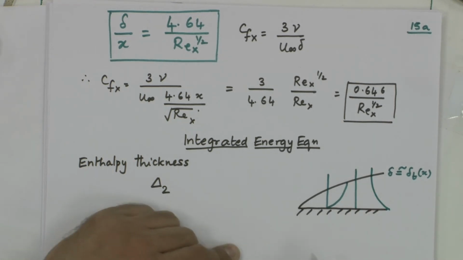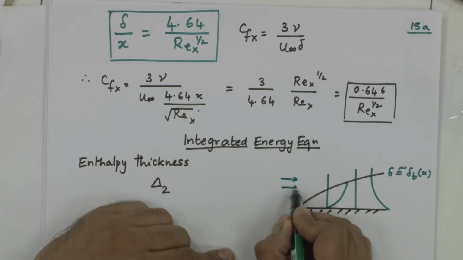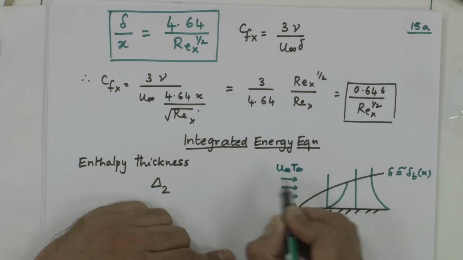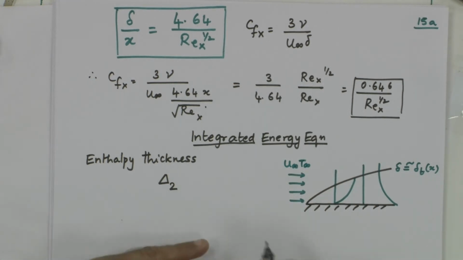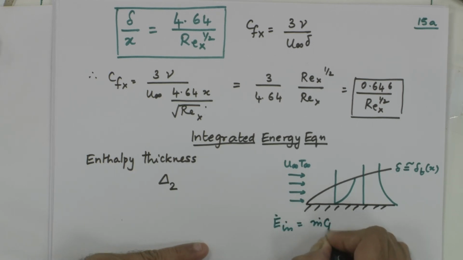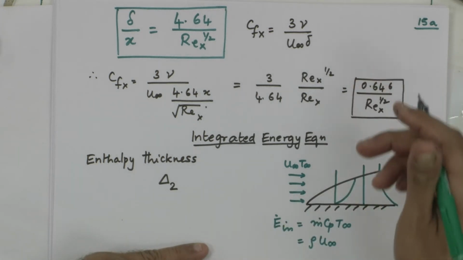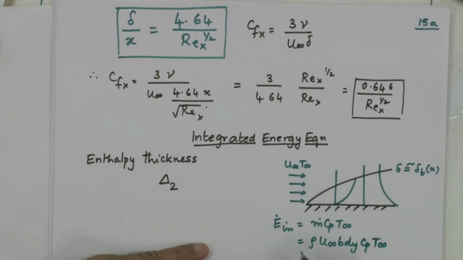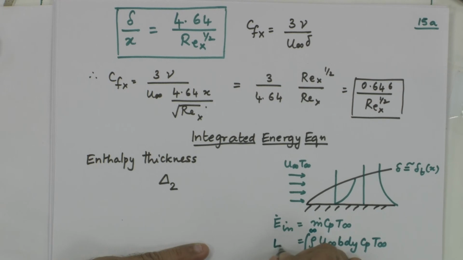Okay. What is the energy content of the incoming stream? U infinity, T infinity is the pair. So, the energy coming in is nothing but m dot Cp T infinity, which is nothing but rho U infinity into the area B times dy, Cp T infinity, correct, 0 to infinity.